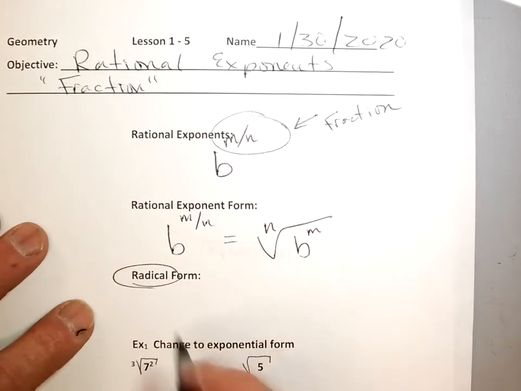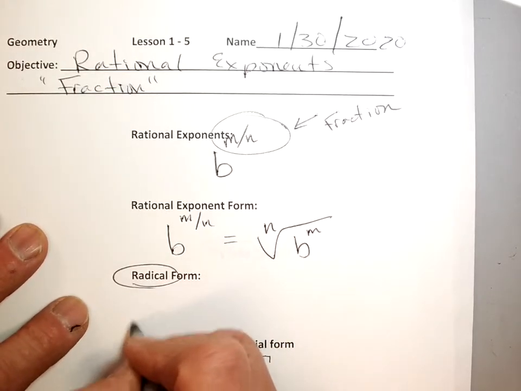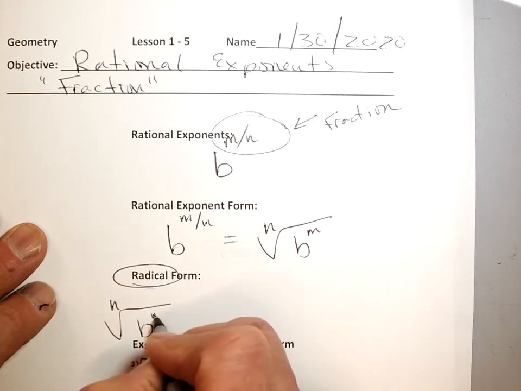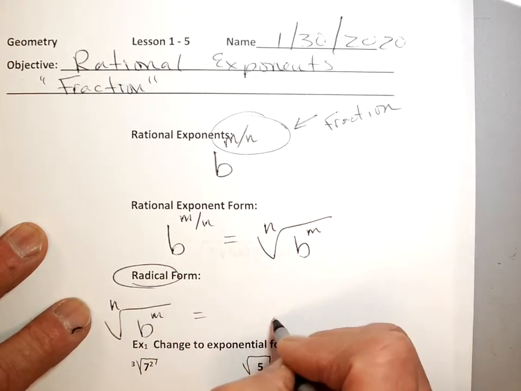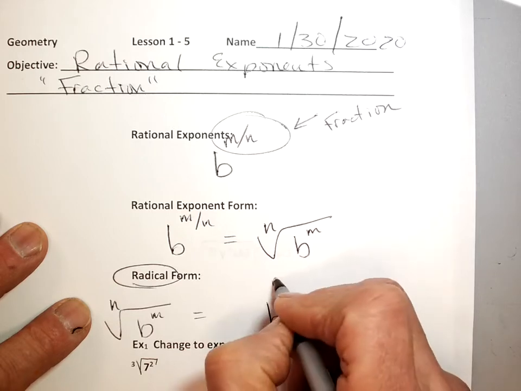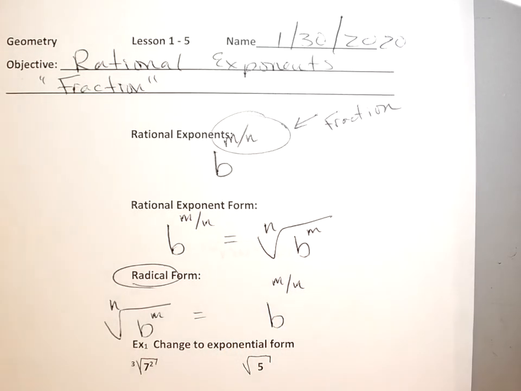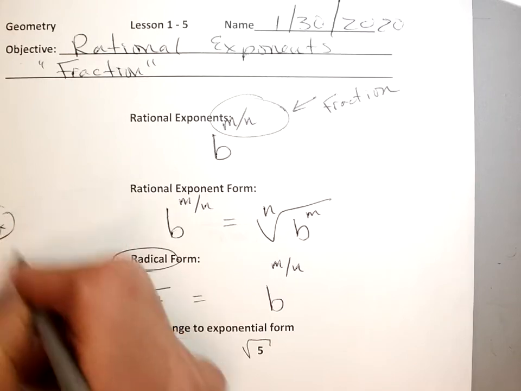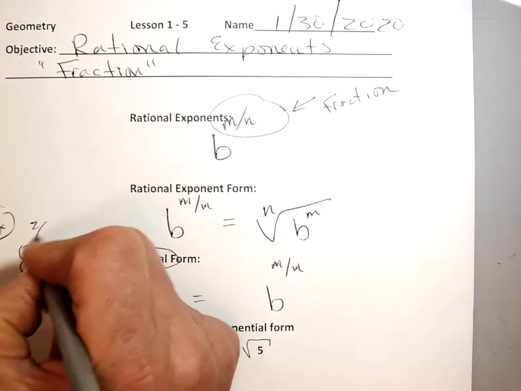Or we could say that we've got some nth root of b to the m can be rewritten as b to the m over n. Okay? Same thing. One is one version of it, and the other is another version. Okay? The example I like to use, which I think is the easiest, is 8 to the 2/3 power.